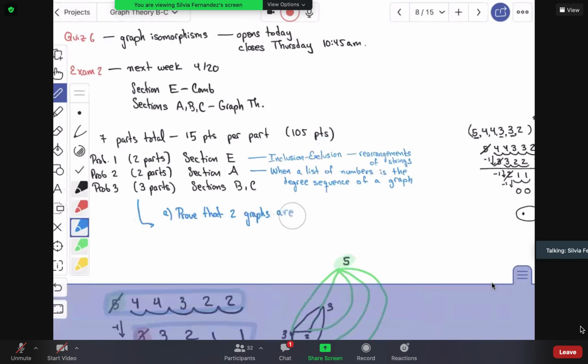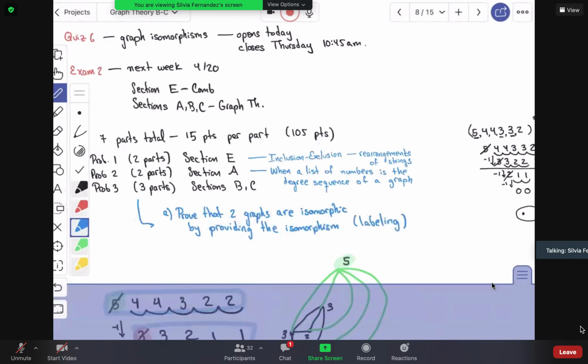So I give you the 2 graphs. I'm already telling you that they are isomorphic. You have to actually give me the isomorphism, providing the isomorphism. So you need to give me that, the labeling.